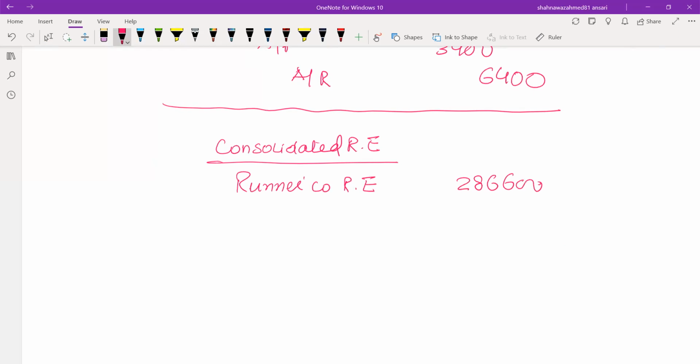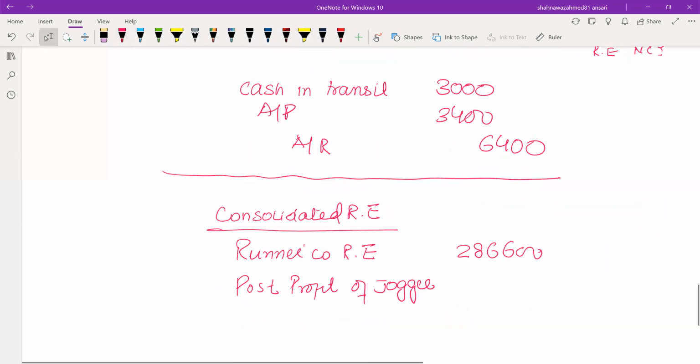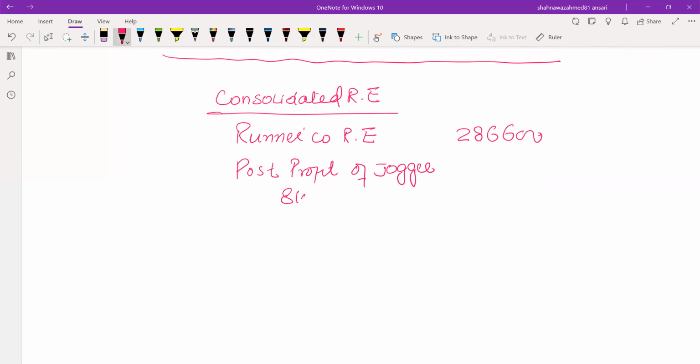Then the post-acquisition profit of the subsidiary, which is already there in the net assets column. So we have 8,100 in net assets, and 80% belongs to the parent company. It's 8,100 into 0.8, it's 6,480. Now we need to adjust a few things.